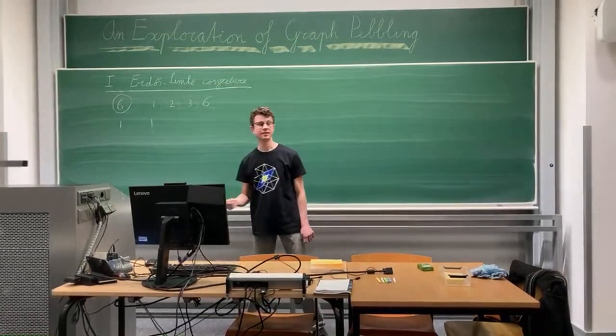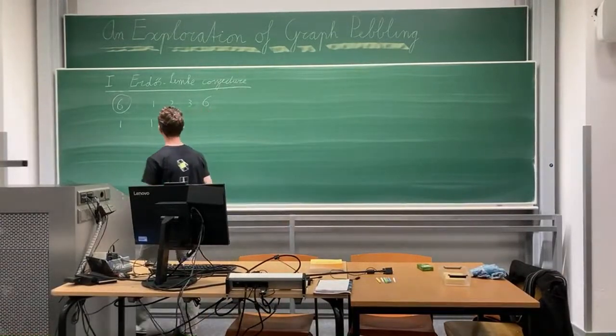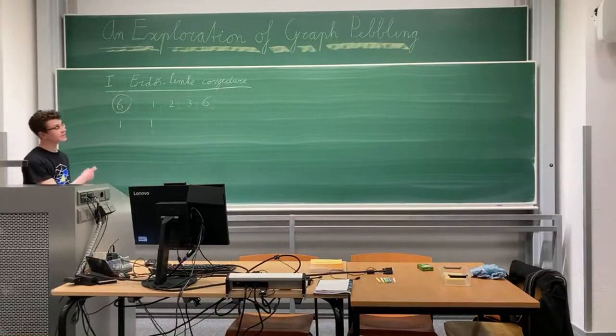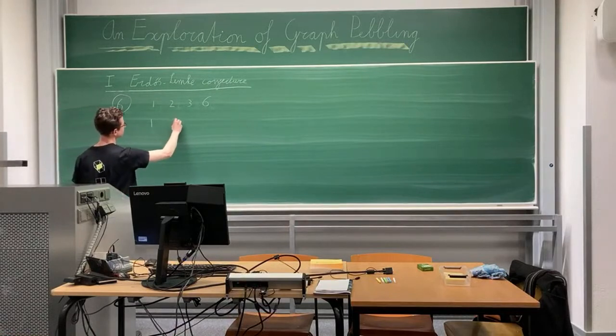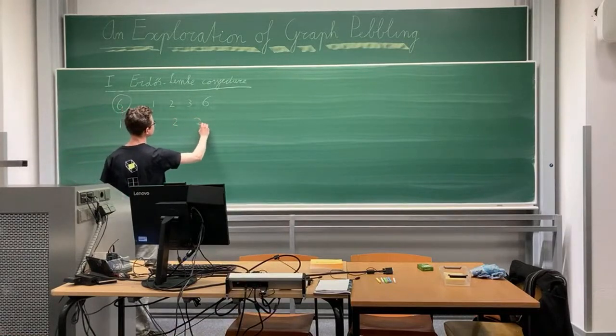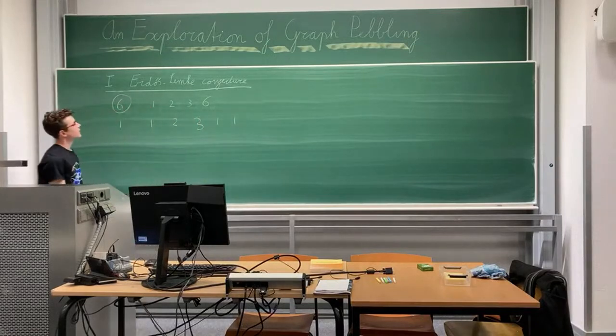I tested it and it worked alright. It's not super clear, but hopefully good enough. So we pick 6 numbers. This can be any 6 numbers, but they all have to be divisors of 6. So we can also pick 2, 3, 1, another 1.